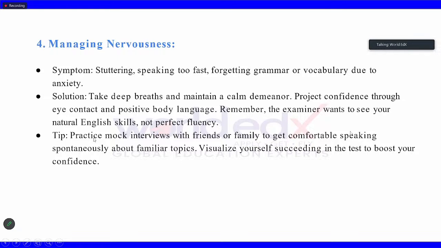You don't need to pretend to be someone that you are not. Speak whatever comes into your mind without hesitating, without thinking too much. Practice mock interviews with friends or family to get comfortable speaking spontaneously about familiar topics. Visualize yourself succeeding in the test to boost your confidence.